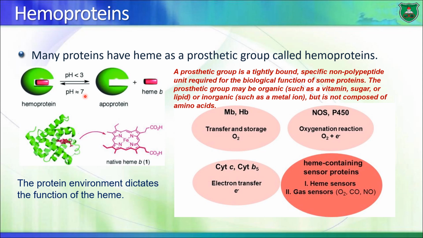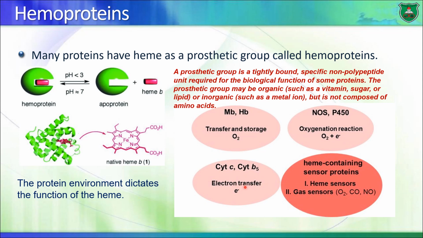Specifically, they belong to a large group of proteins known as hemoproteins because they have a heme group associated with them. Now, this heme group is an organic molecule, and we'll talk about it in the next slide. These hemoproteins belong to a large number of proteins.